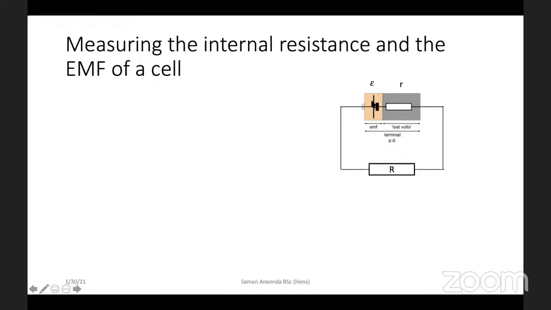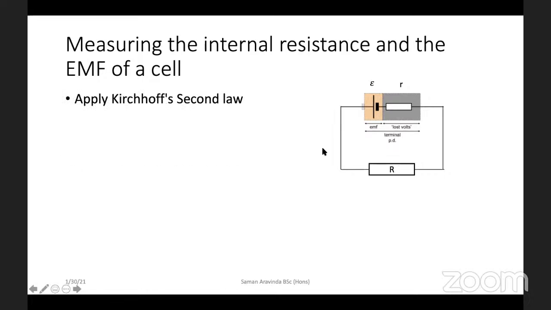So if you look at it, the battery has an EMF epsilon and internal resistance small r. And let's say we connect a load resistance, big R. Small r is the internal resistance, and big R is the load resistance.